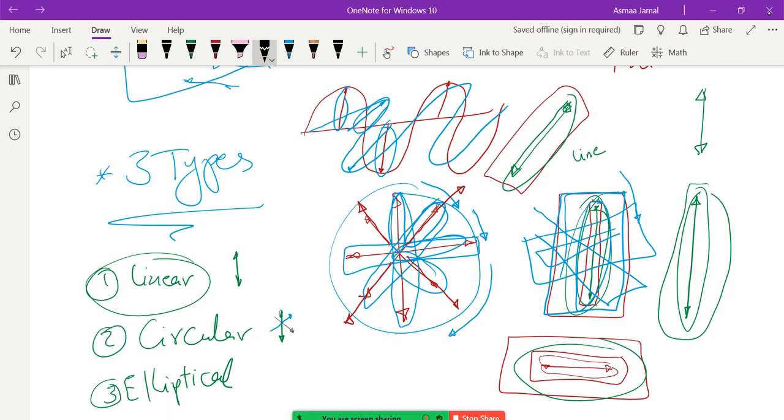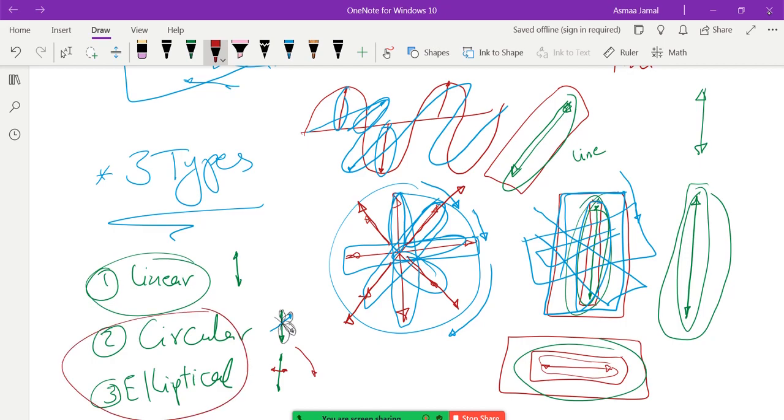But those vibrations should have the same amplitude. If they have different amplitudes, one short, one long, then we can use the elliptical polarization. The same rotating filter, but with different heights.